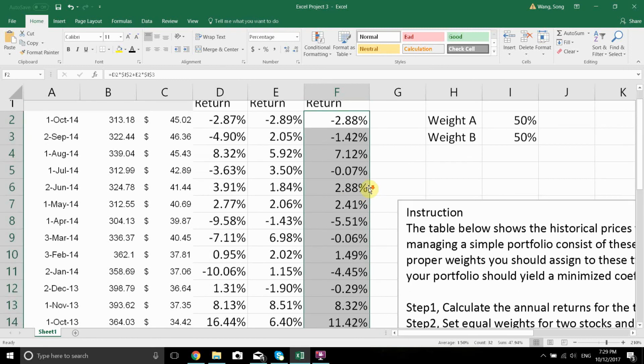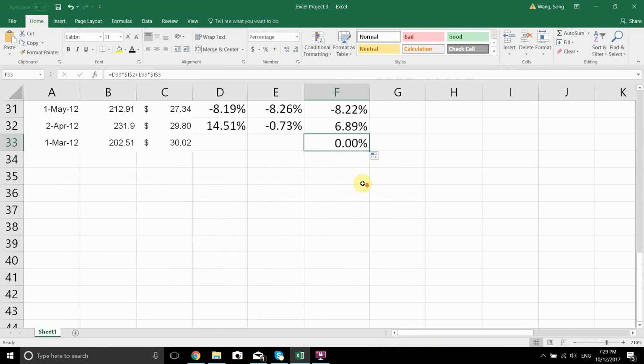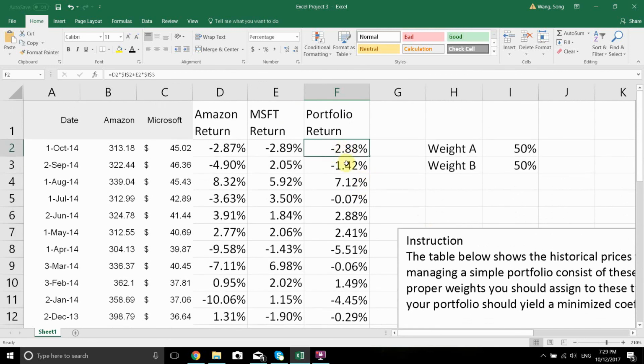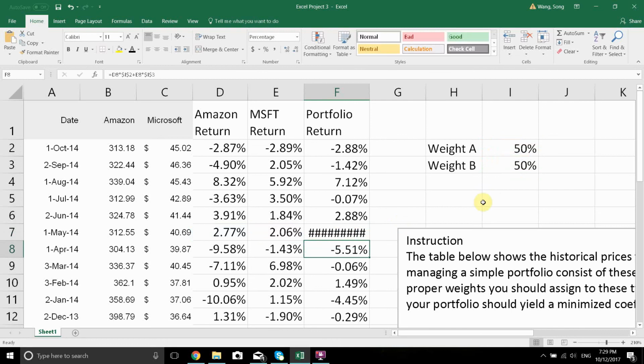I'll double click. So what you see here is delete the last one. So what you see here is a portfolio return. Let me verify them. Just to go right here for May 2014. You see I use Amazon's return times Amazon's weight, and I use Microsoft's return times Microsoft's weight.